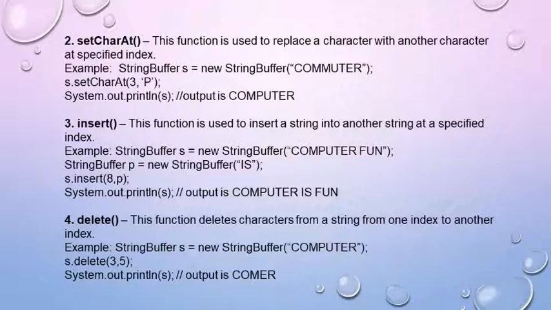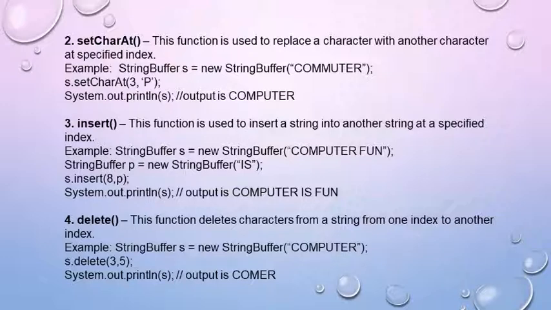C is at position number 0, then O is at position number 1, M is at position number 2, P is 3, U is 4, T is 5, E is 6, R is 7, and then space is 8. So at the place where space is there, you have to insert the new string is. So if I write System.out.println(s), the output will be computer is fun.